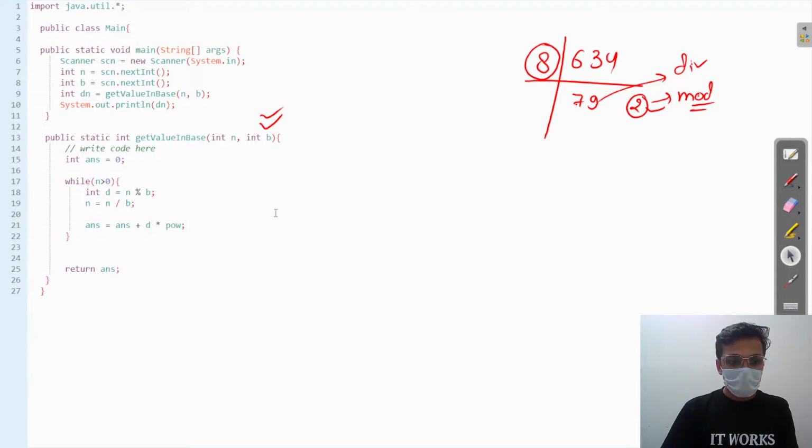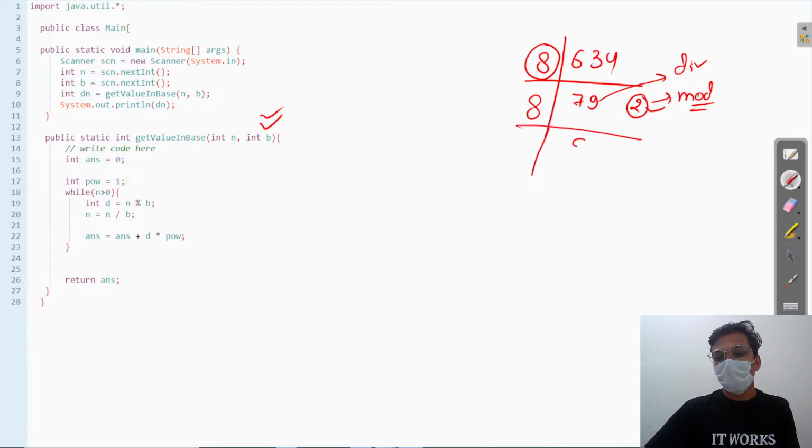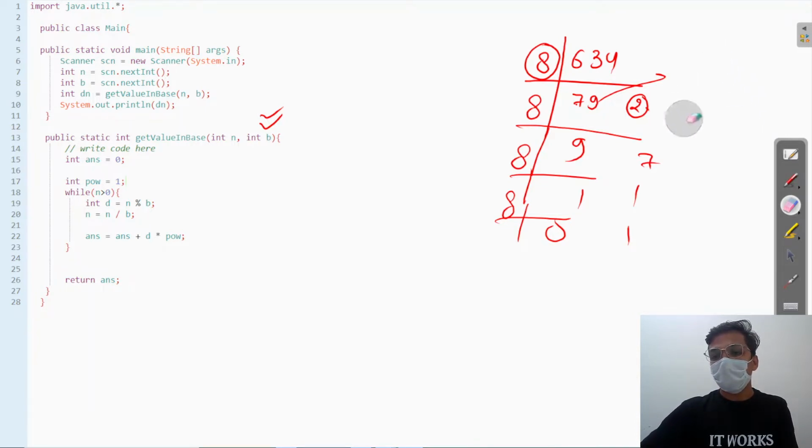We have a power that is initialized to 1 initially. So let's say when we divide this whole expression, we get our answer as something like 9, 8, 1, 8, 0, and our remainder as 7, 1, 1. To express this number in this format, 1, 1, 7, 2, we have to multiply this by 10 raised to the power 0, this by 10 raised to the power 1, this by 10 raised to the power 2, and this by 10 raised to the power 3.